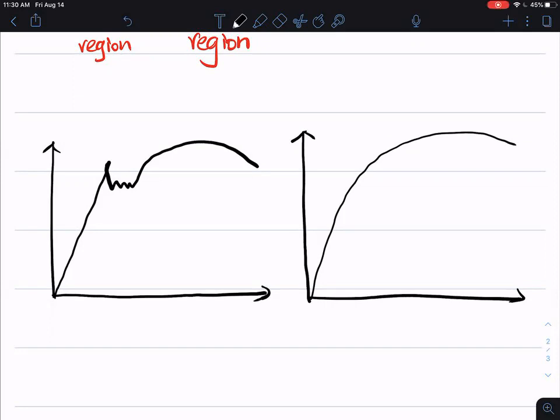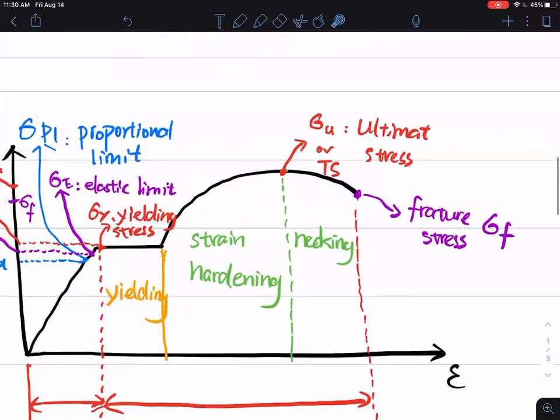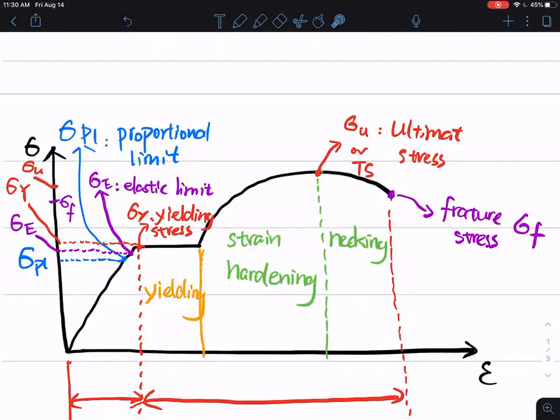For the first type of stress strain curve, it's a little bit hard to define where the yielding stress is. If you come back here, yielding stress is kind of the transition point between the linear and nonlinear region.